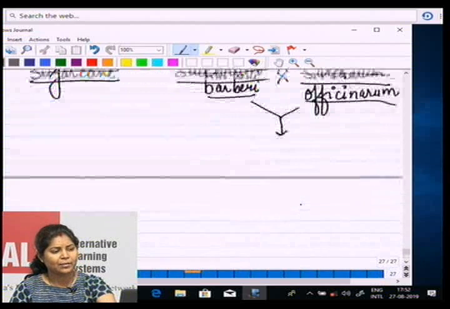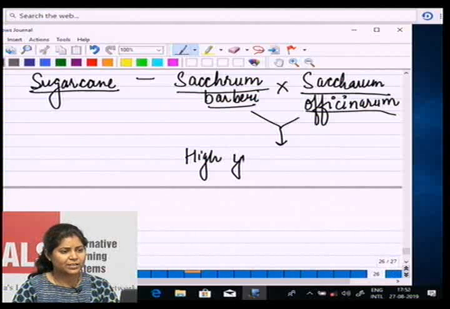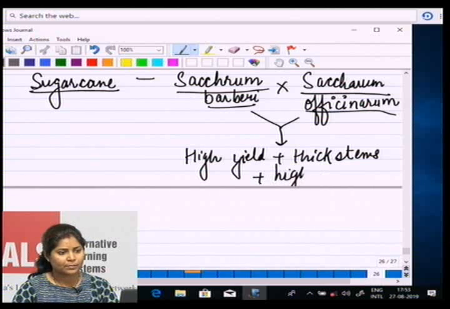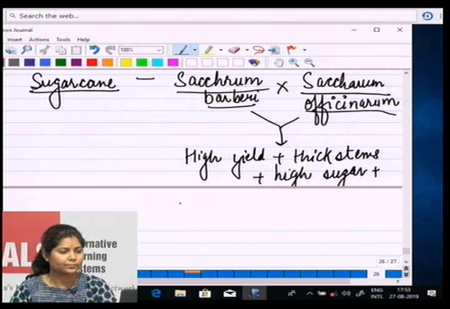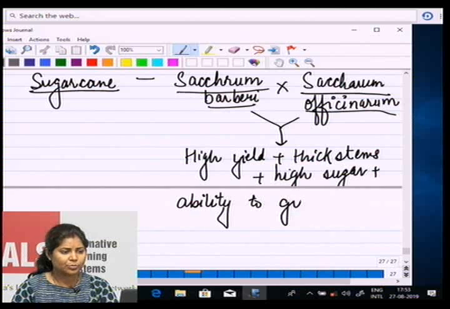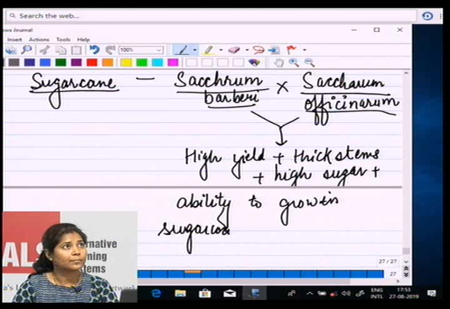We have a new variety with high yield, thick stems, high sugar, and ability to grow in sugarcane.